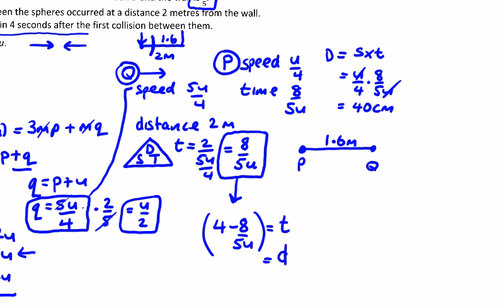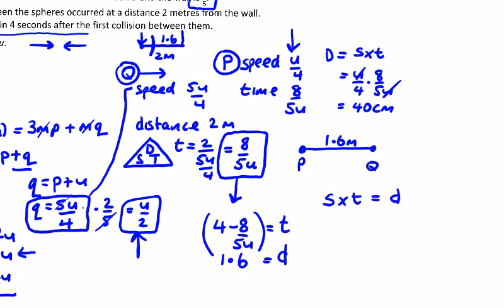The distance is equal to 1.6. We also have their speeds: P is u over 4, and the new speed for Q is u over 2. So we can say speed by time is equal to distance.